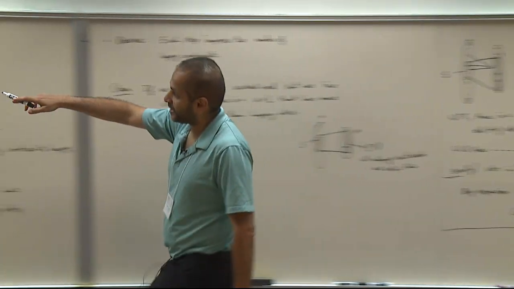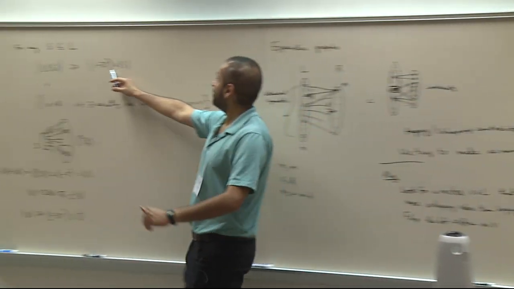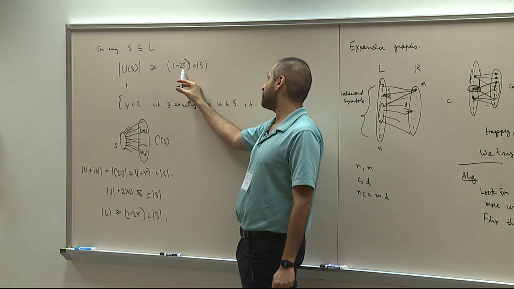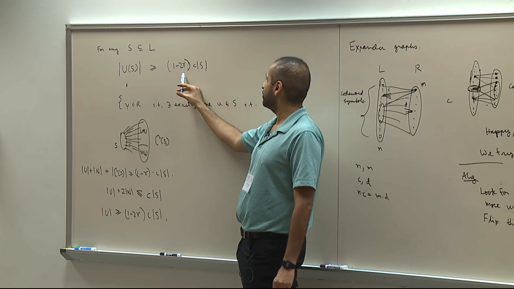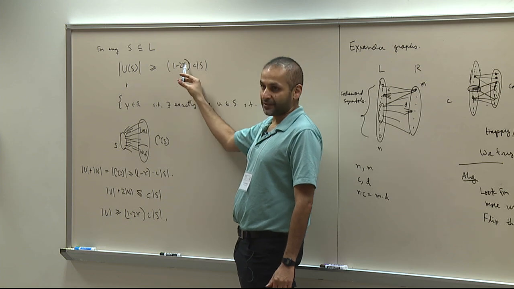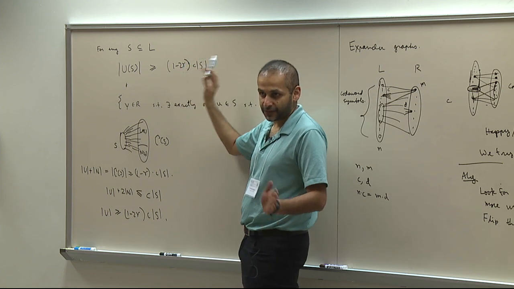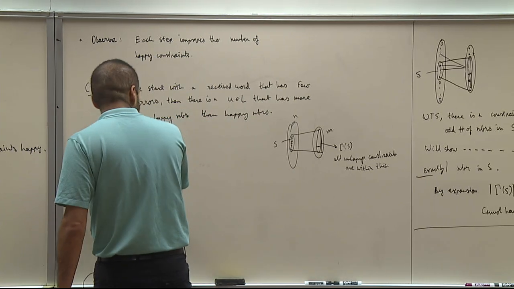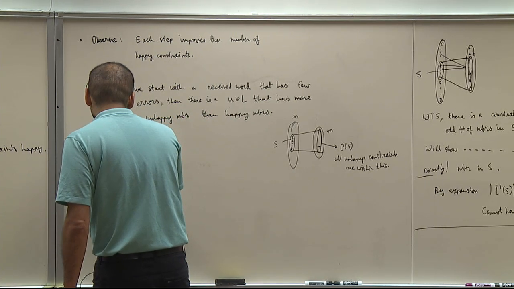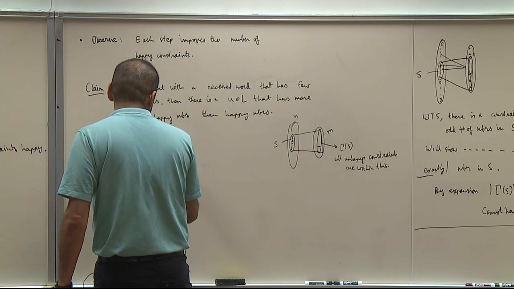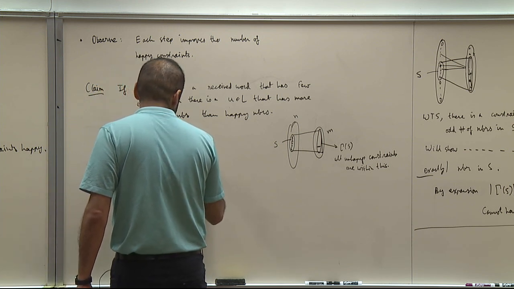The way this expression is, the number of unique neighbors is at least (1 minus 2 gamma) times C times size of S. This is the total number of neighbors, at most C times size of S. So if gamma is really small, this is going to be a big fraction of all neighbors. Okay, so many unique neighbors. So if S is small, S has many unique neighbors.